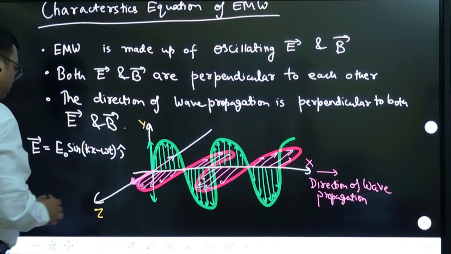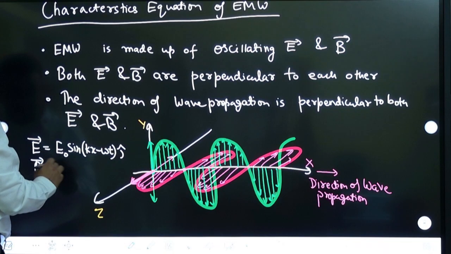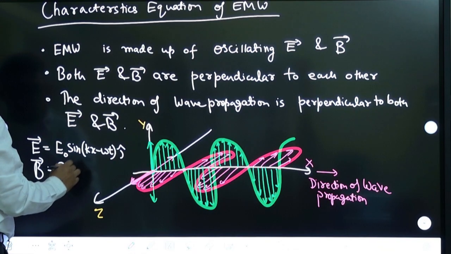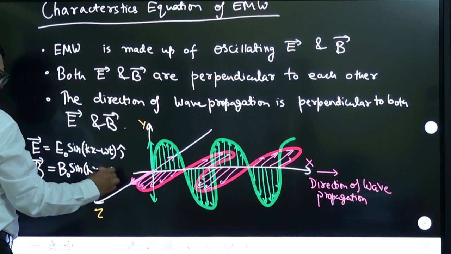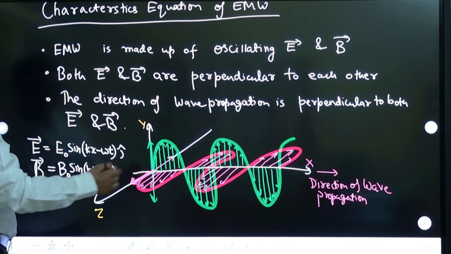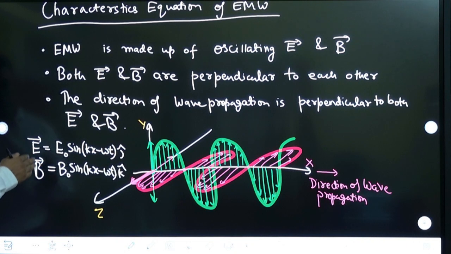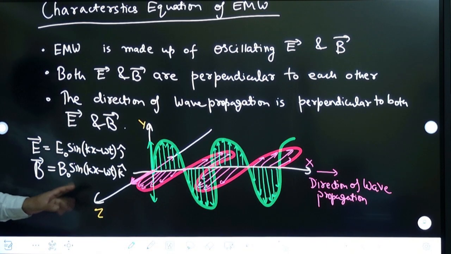The magnetic field is also the same way: B = B0 sin(kx − ωt) along k cap. This is the characteristic equation of electric field and magnetic field oscillation.